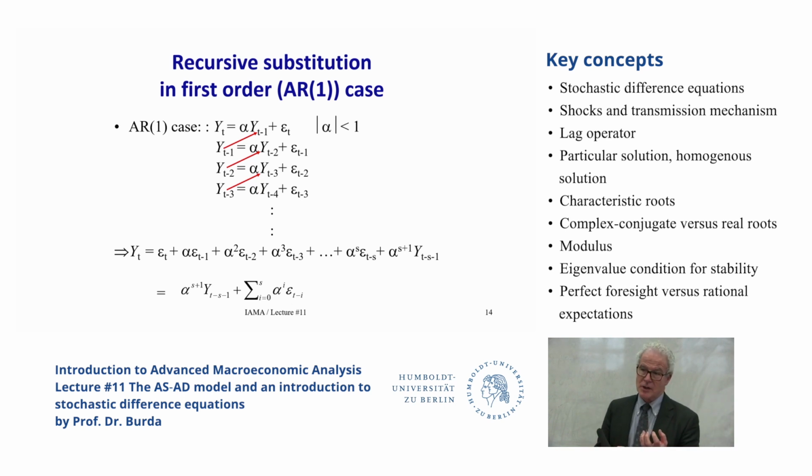The stability of the structure is the presupposition, of course, for this all to work. But as long as the alpha is the same as we go through time, we have an infinite moving average if we push it back far enough. But if we push it back S periods in the past, we have a moving average of the intervening S+1 shocks.